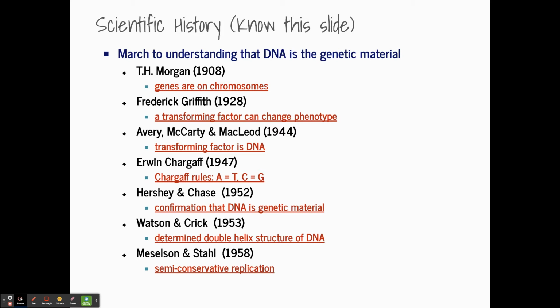And in 1958, Meselson and Stahl discovered semi-conservative replication. Each one of these advances could not have occurred without the experiments beforehand. So they all built upon each other to find the discovery and the structure of DNA.